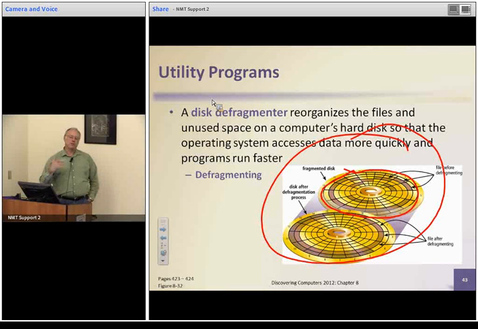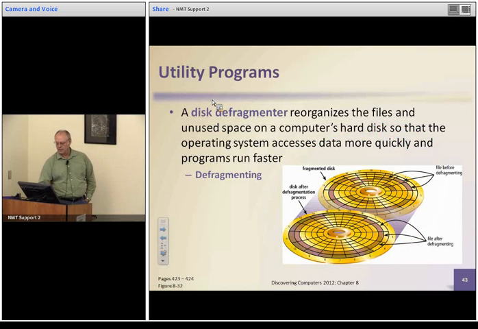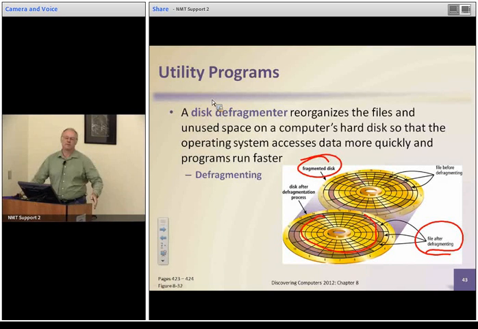Now, when you retrieve the file to look at it, you don't know this is going on in the background. So what a defragger does then is put it all back together. You can see this file is fragmented, broken up. And after you run the defragging software, it puts the file in contiguous space. That's what the defragger does, puts everything back.